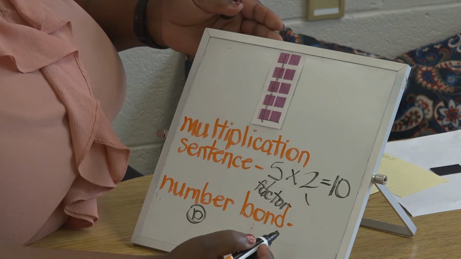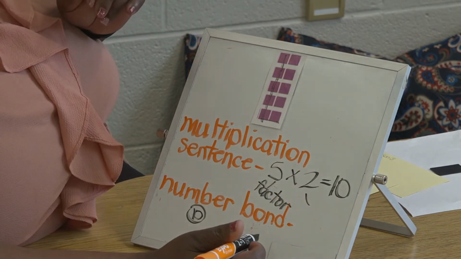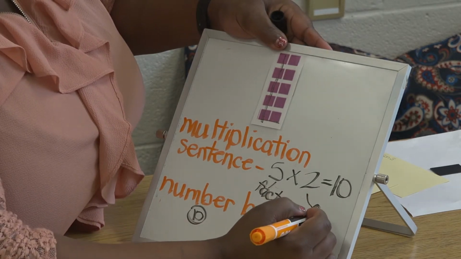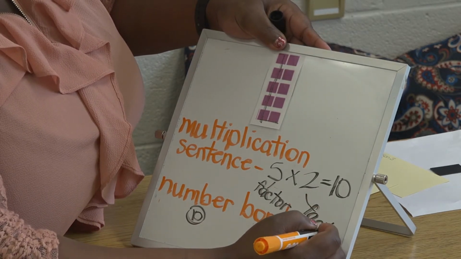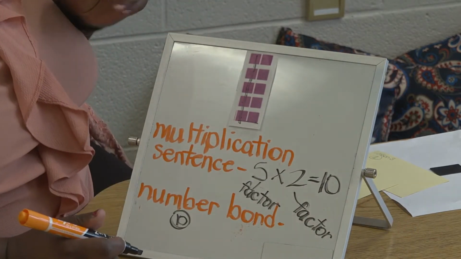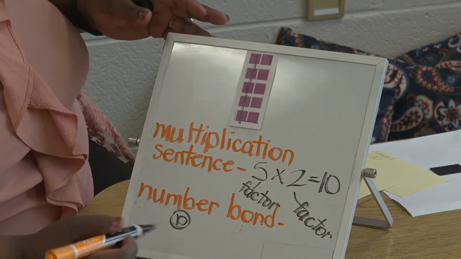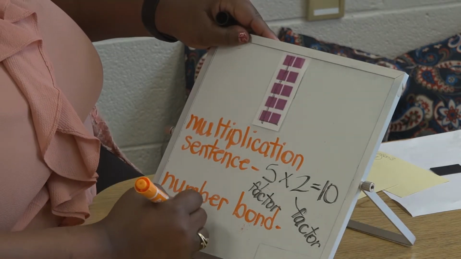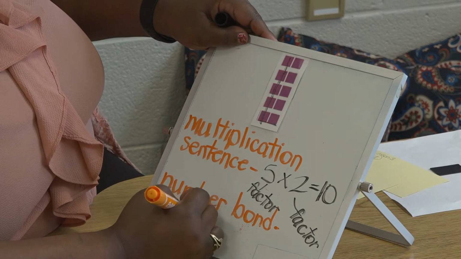What about that 2? Would that 2 be called a factor or a product? You're right, a factor. And the 10 would be the product. So I put my 10 there. Oops, it looks like a P. Let's do that again. 10.